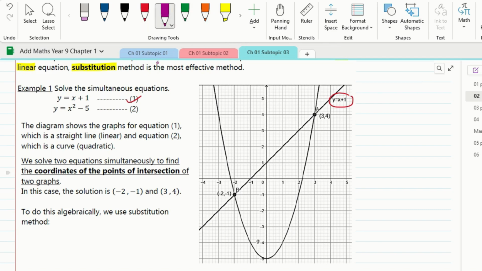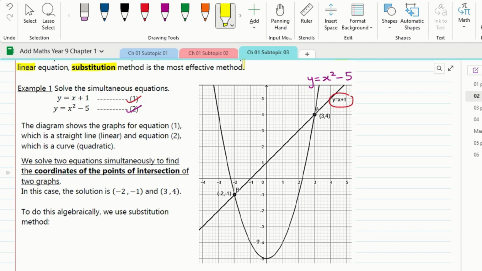And the second equation is a non-linear equation. You can see here you have an x squared minus 5. This is equation number 2, which is y equals x squared minus 5.